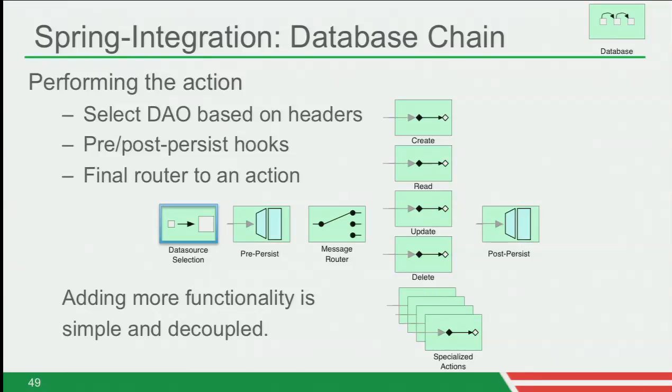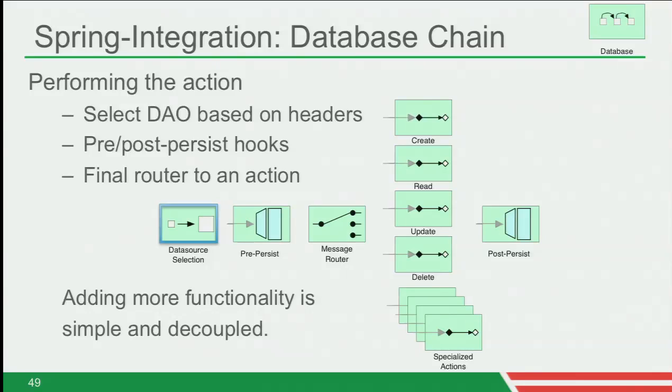Extracting the data source selection to the first part of this chain gives us a lot more power than that, because we have the flexibility to select a data source. So even though we're just selecting the contact collection from this specific MongoDB, we could say give me the secondary contact collection, or give me the contact collection from another database, or if we have another purpose, we can still go through this database chain and select a data source from somewhere completely different.